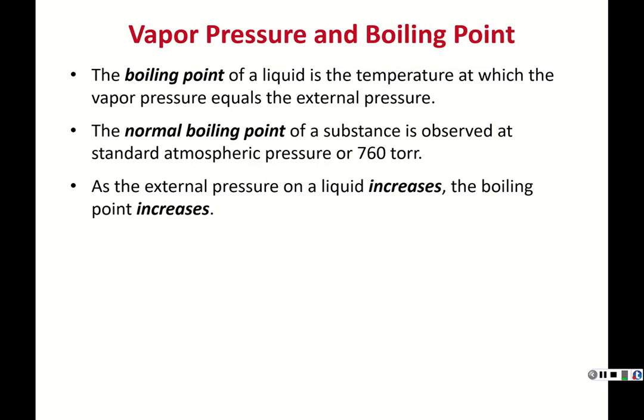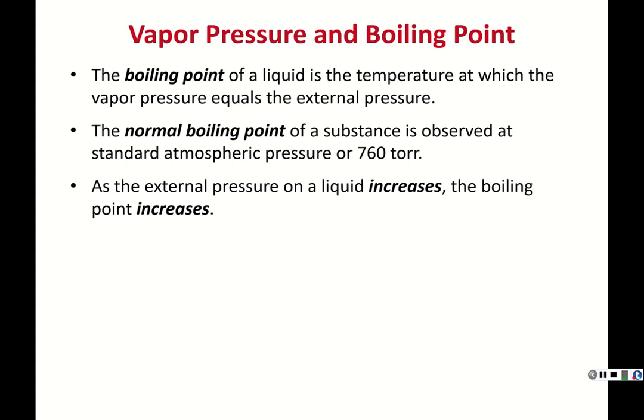So the vapor pressure and boiling point. The boiling point of a liquid is the temperature at which the vapor pressure equals the external pressure. The normal boiling point of a substance is observed at the standard atmospheric pressure of 760 torr or 1 atmosphere. As the external pressure on a liquid increases, that boiling point increases.